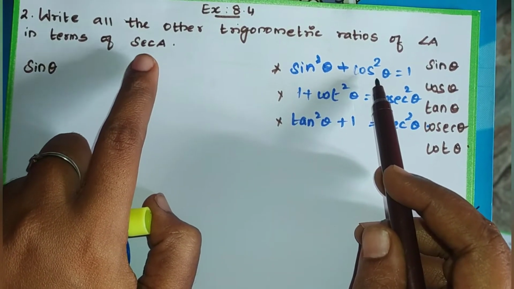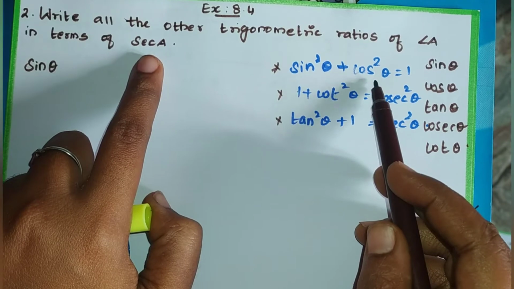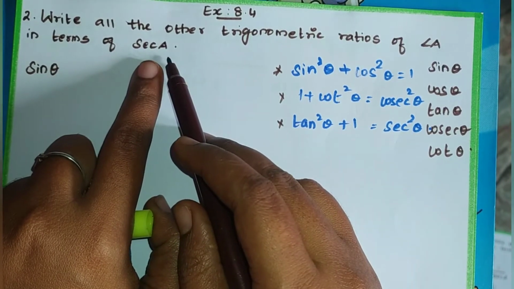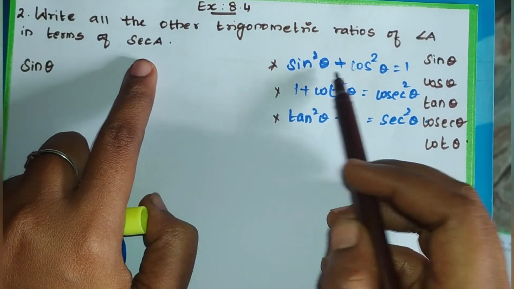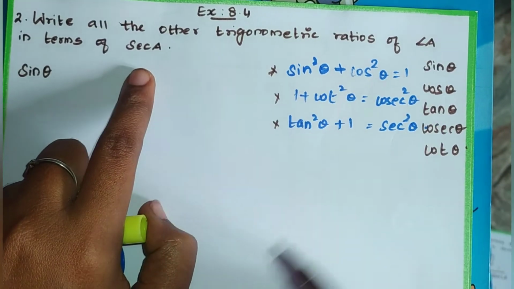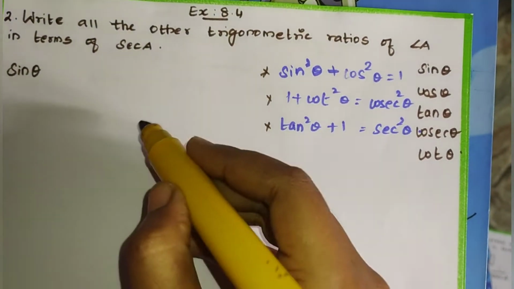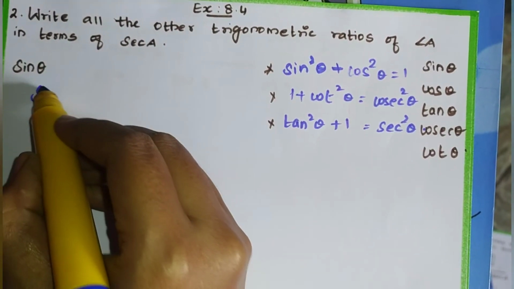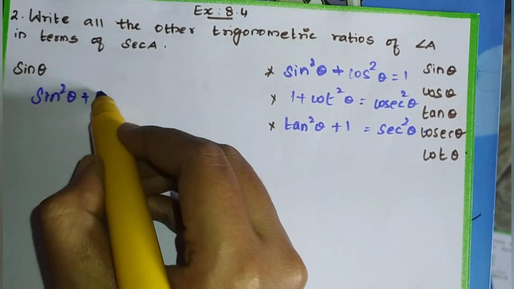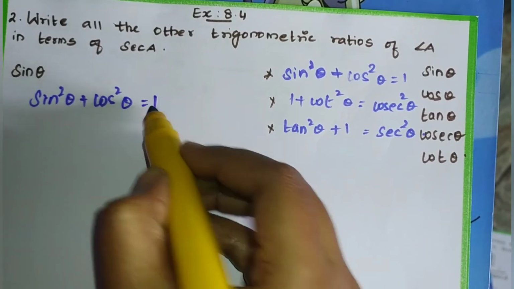There will be the relationship between cos square theta and secant square theta. So I am going to choose the first identity. Which identity are you going to choose? Sine square theta plus cos square theta is equal to 1.